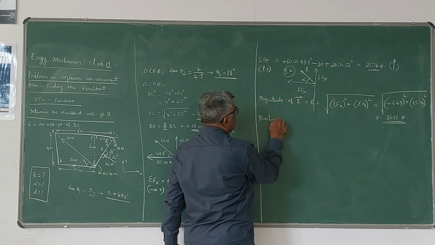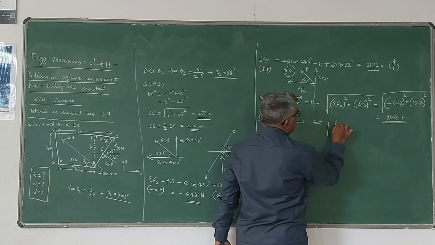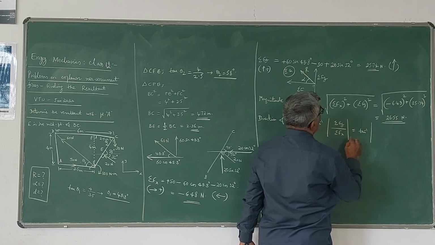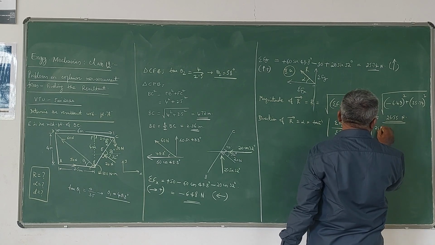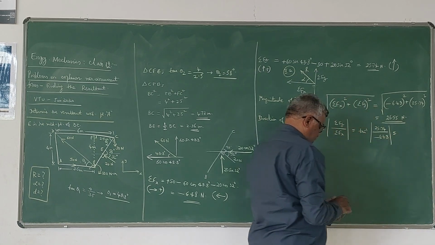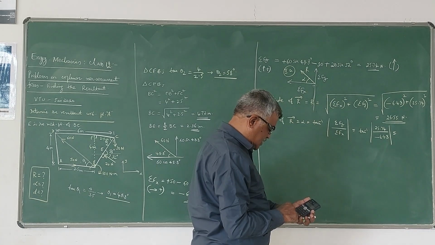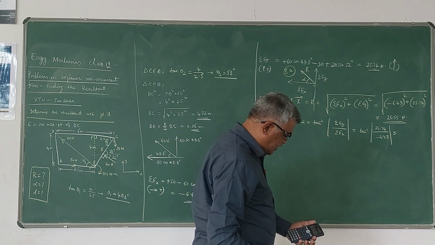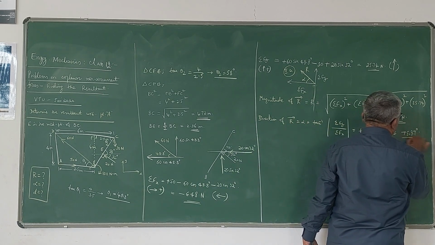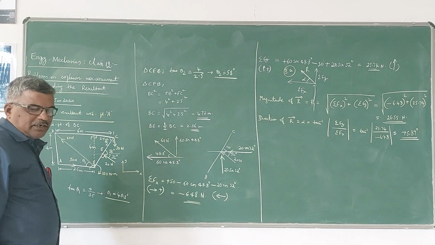The direction of the resultant force, that is alpha, is tan inverse of modulus of sigma Fy by sigma Fx, which is tan inverse of modulus of 25.74 divided by minus 6.48. Of course, when you take modulus, it becomes positive. So tan inverse of 25.74 divided by 6.48 comes out to be 75.87 degrees. This is the angle made by R in the second quadrant. So magnitude and direction are fixed.